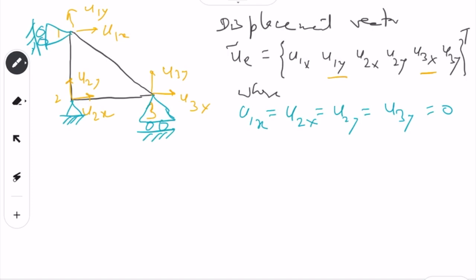Okay. Now, similarly, we can find out the force vector. So, force vector again we have to calculate. Yeah. So, how to calculate? We do not know. So, from here these will be reactions basically.